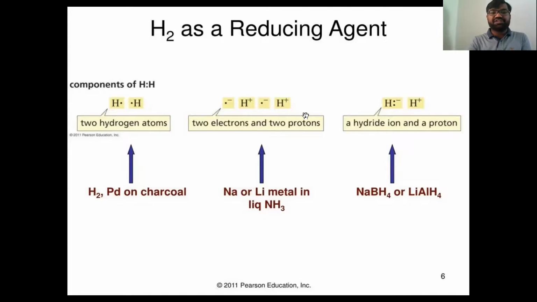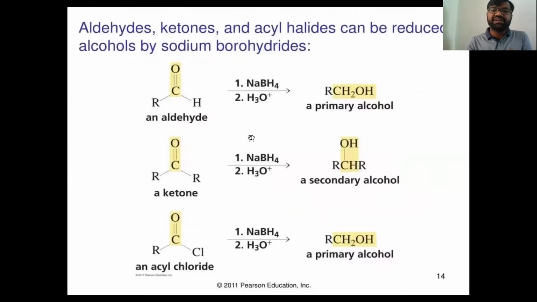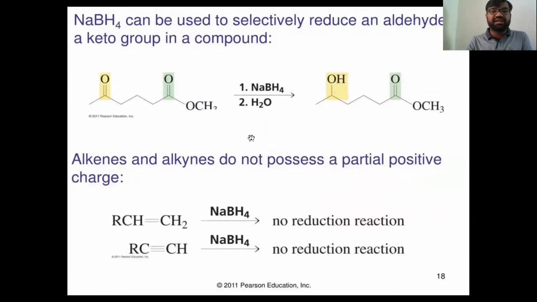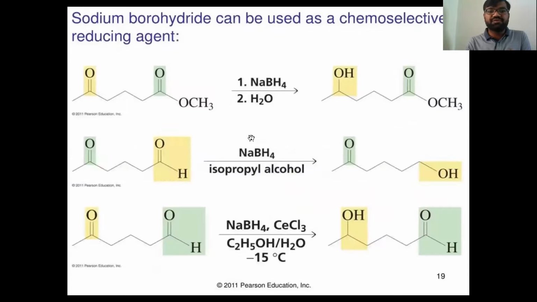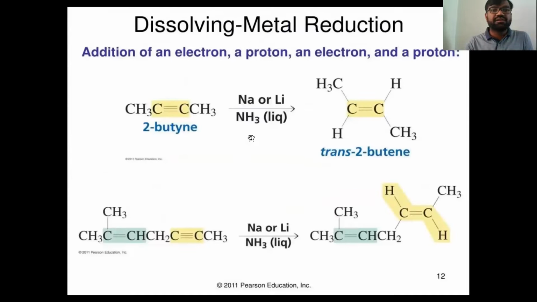Now, the second type of reaction we'll visit, where hydrogen is considered as two protons, two electrons, which is basically a more important reaction in organic chemistry, called, let us say, this one, dissolving metal ammonia reduction. Now, where are we? We are here. But hydrogen is considered as a proton, as an electron, as it is mentioned over here.